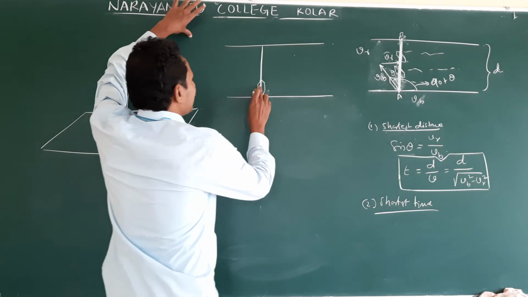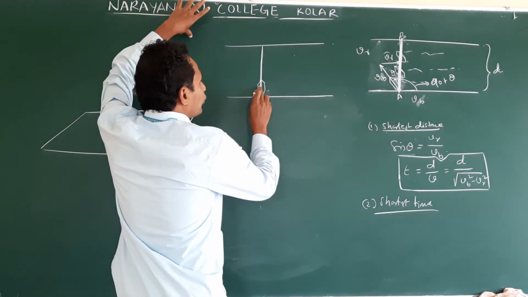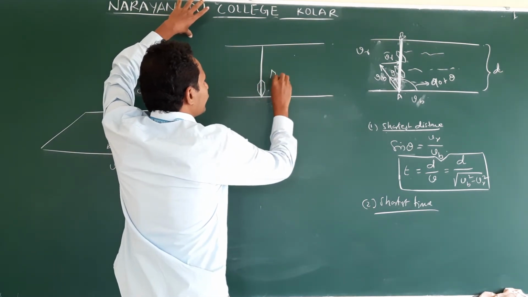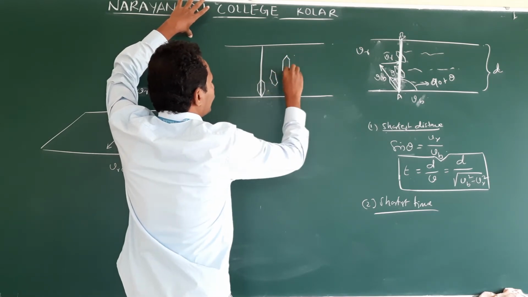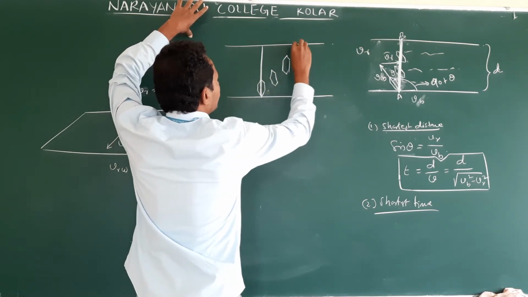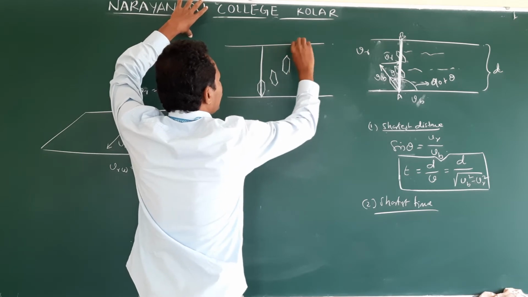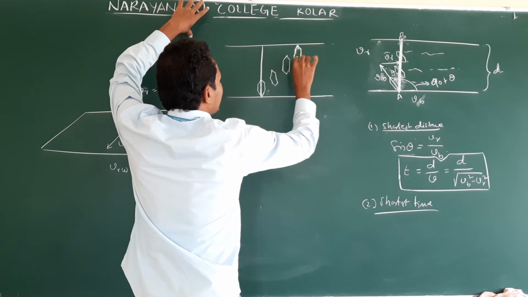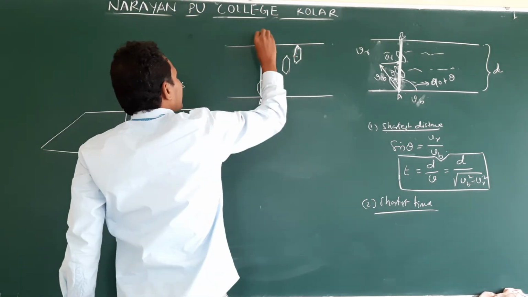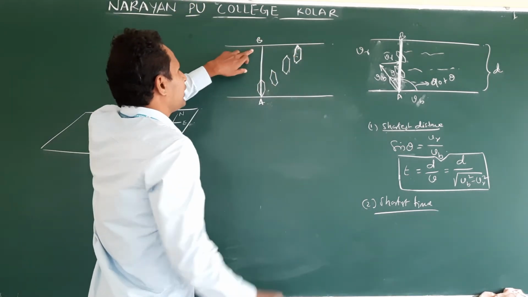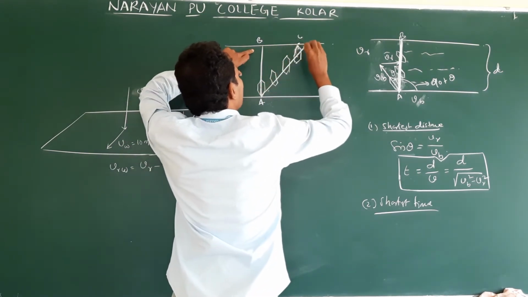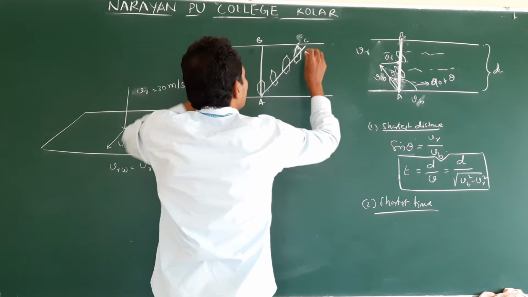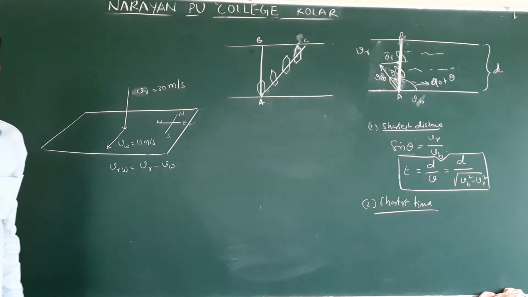If you start like this, due to the flow, what happened? The boat always looked straight, but it drifted due to the water flow, like this. So he starts at A. Instead of reaching B, he reaches C. He follows this path. Am I correct?